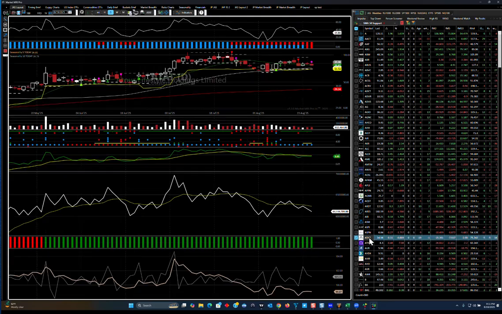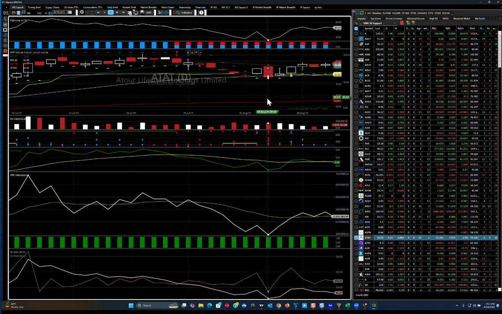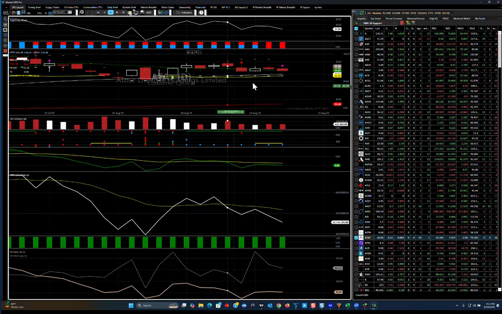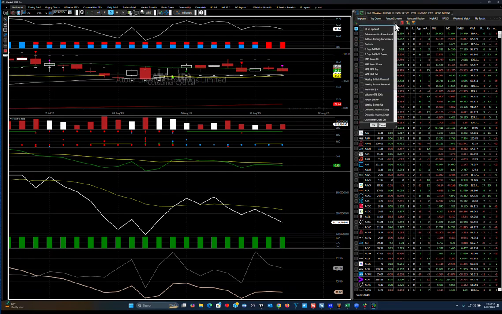So one of the things we wanted to do was to build it in so I could add to my scans. I'm not looking for good charts. I'm just looking for closes coming down to the 50 from above and being within a certain percentage. So we're looking at scans you can add to your scans to find stocks pulling into moving averages.